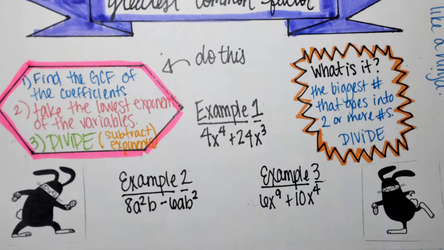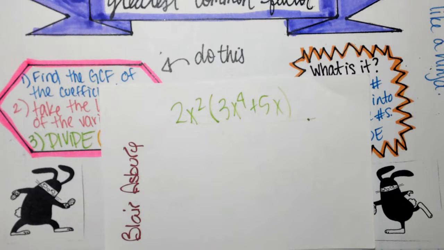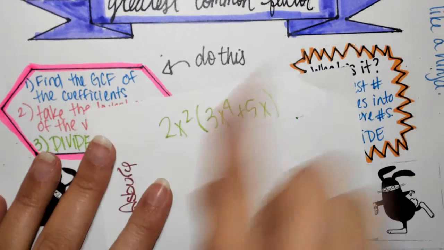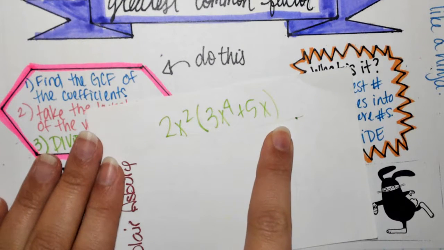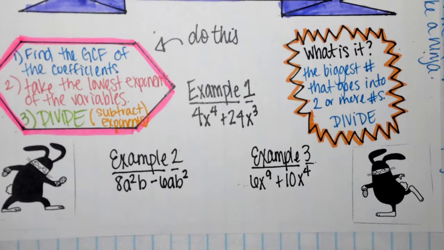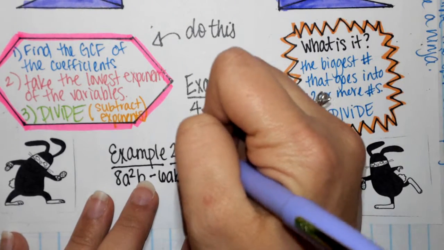So last week, I would give you a problem that looked like this, and what would we do? We would distribute and we would multiply everything, right? So this week, we're going backwards. We're going from this to make it look like this. Does everybody understand? So we're trying to get the beginning product of what we had last week. So for example 1, we said that our greatest common factor was what? 4. So we would write 4.